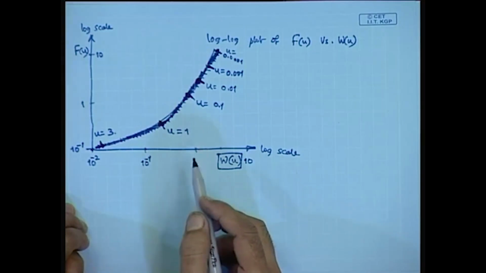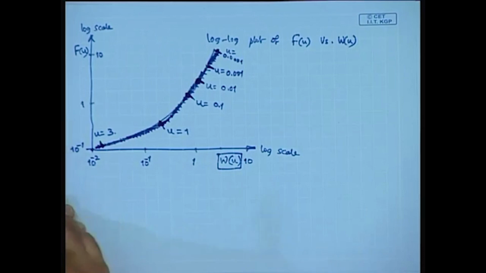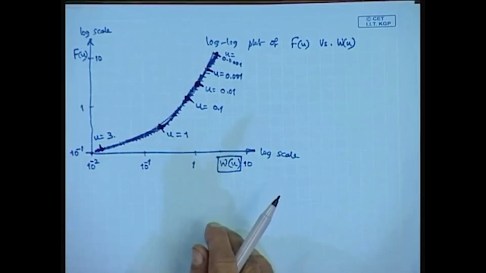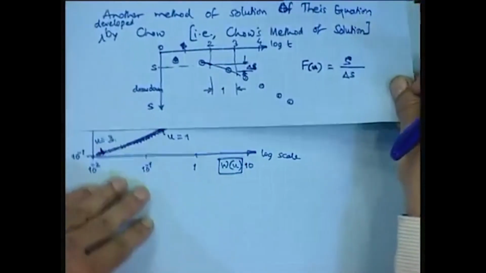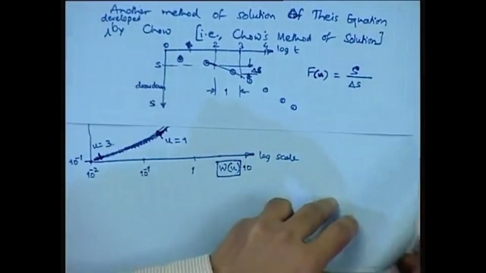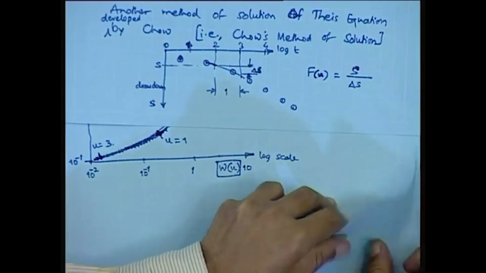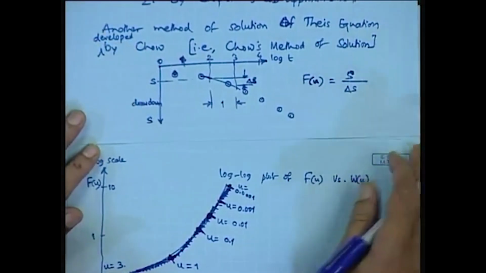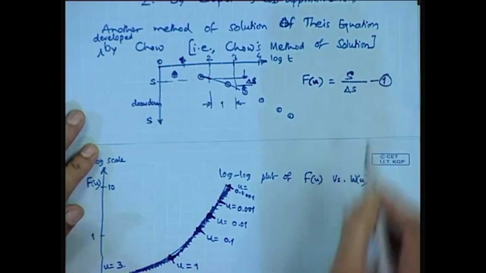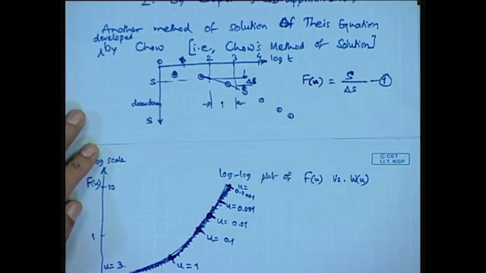what is done is, using this equation, that is F(u) is equal to S by delta S. Let us denote this equation as 1, and then the corresponding values of W(u) and u are obtained from the figure.